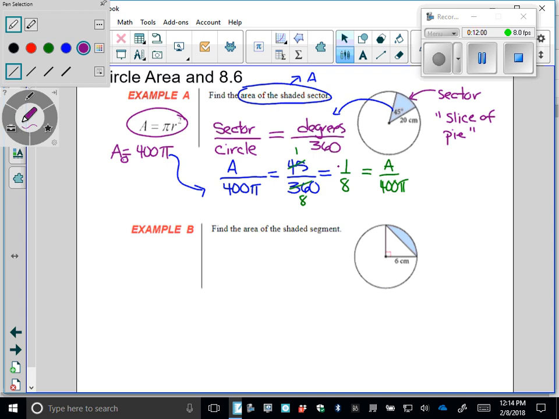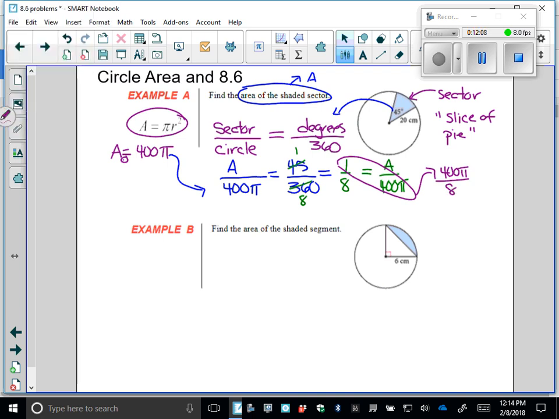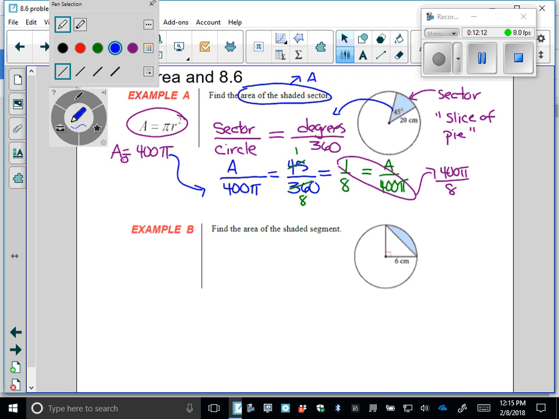To solve for A, I'm just going to cross multiply and say 400 pi divided by 8. And then 8 goes into 40 5 times, so it goes into 400 50 times. So our final answer is 50 pi.